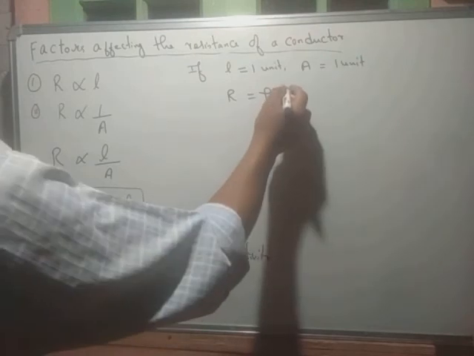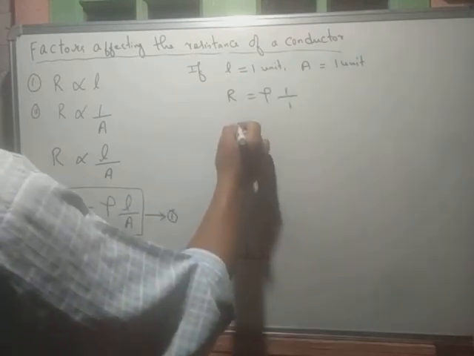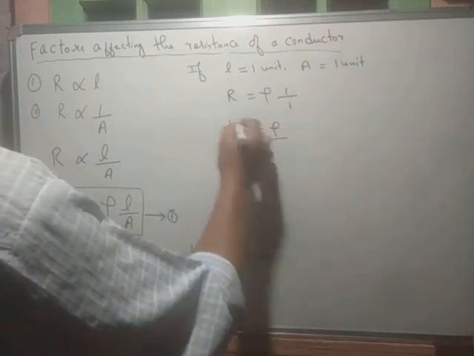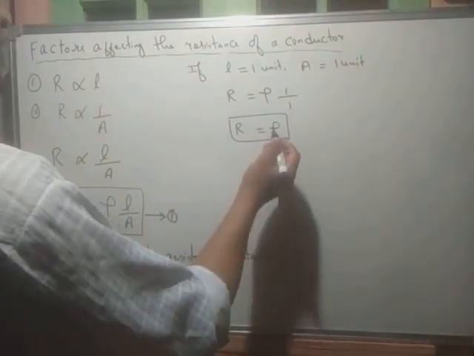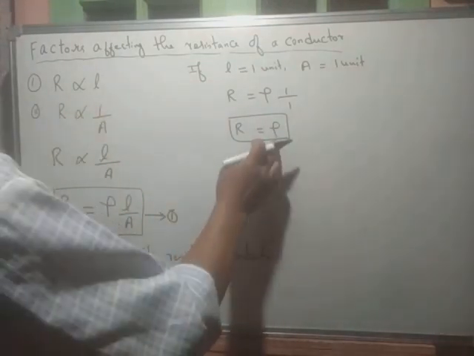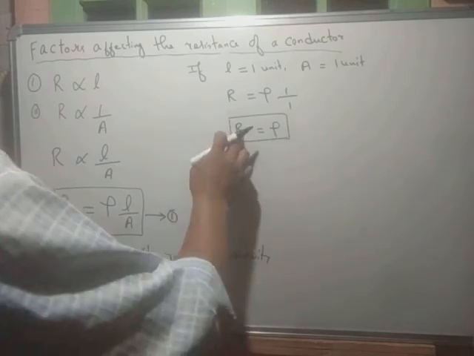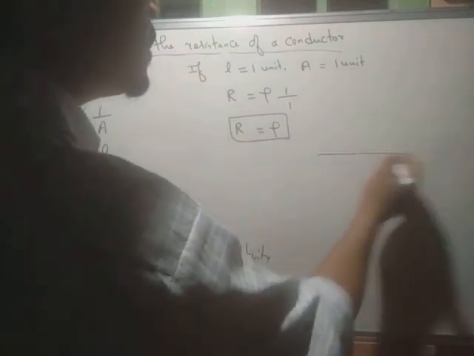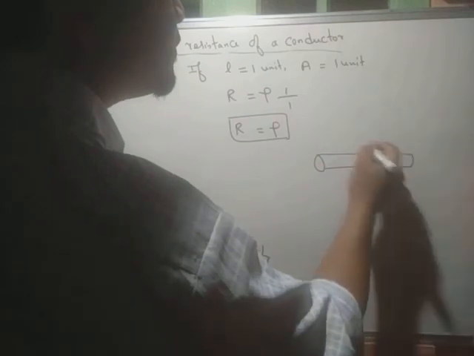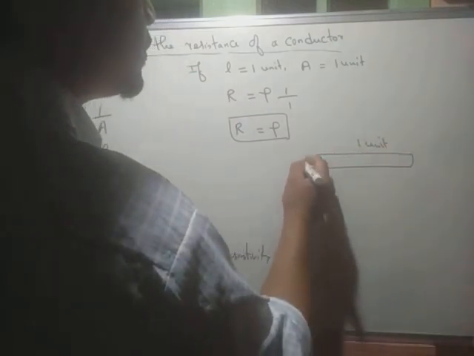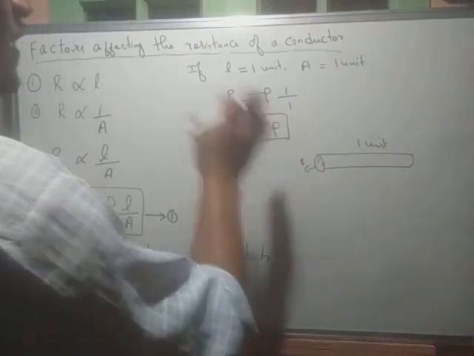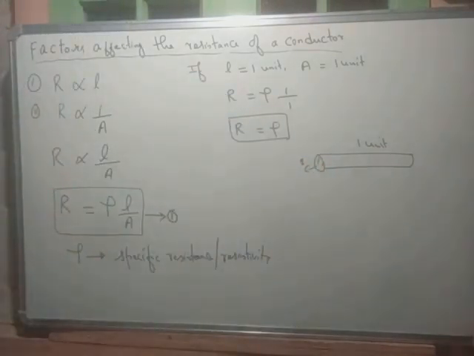Instead of L you write 1, instead of A you write 1, so R is equal to rho. So what does it mean? It means that this resistivity of a conductor is numerically equal to the resistance of a conductor of unit length and unit area of cross section. So that is the definition of resistivity.